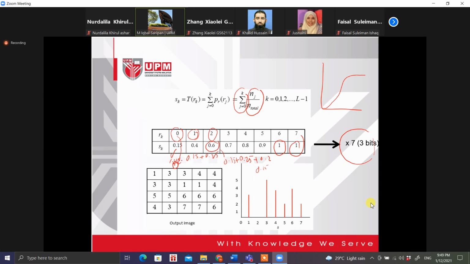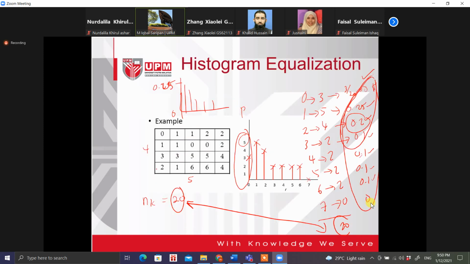Next, 0.4 multiplied by 7, you get 2.8. So 2.8, the closest is 3. So any value of 1 will be changed to 3. And then next, 0.6 multiplied by 7, you get 4.2. So 4. So anything with 2 becomes 4. The original value is actually 0, so using this technique of histogram equalization, you get 1.